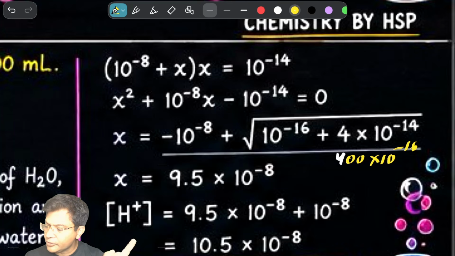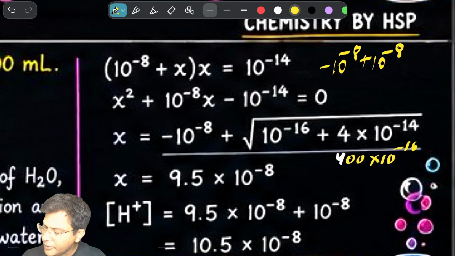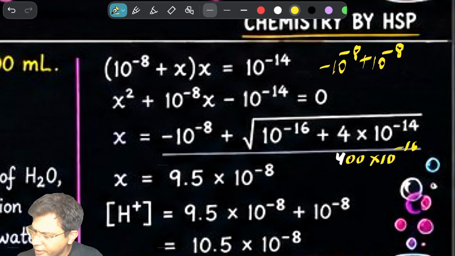Take common 10 to the power minus 16, square root, that is 10 to the power minus 8. So, minus 10 to the power minus 8 plus 10 to the power minus 8, and 400 and there 1, 401, square root, approximately 200.